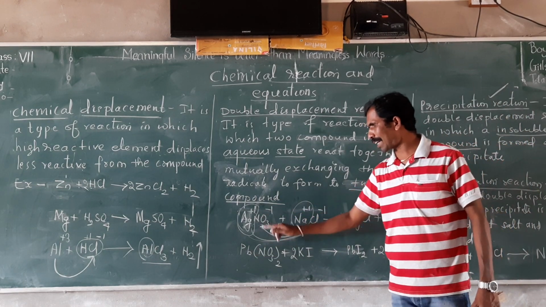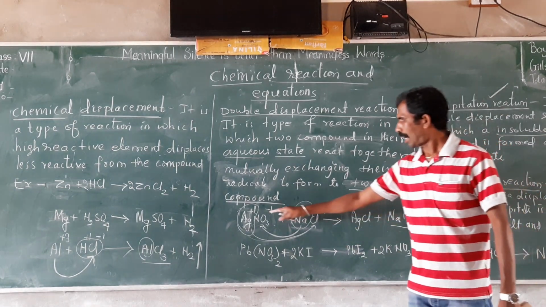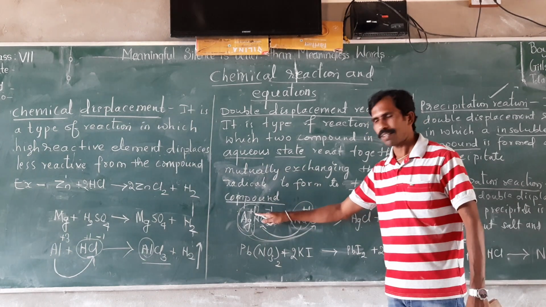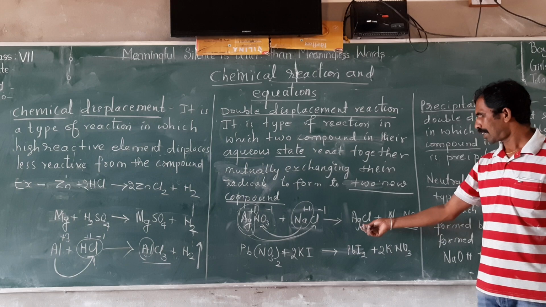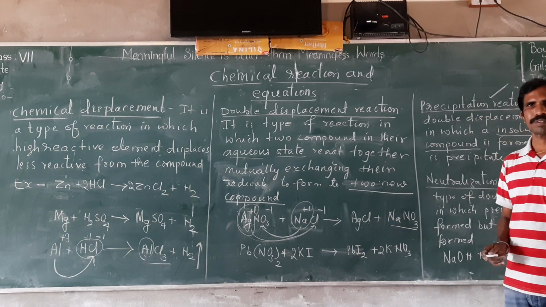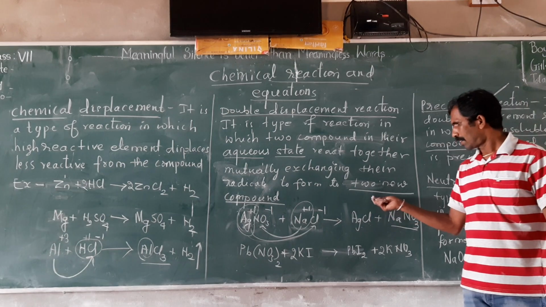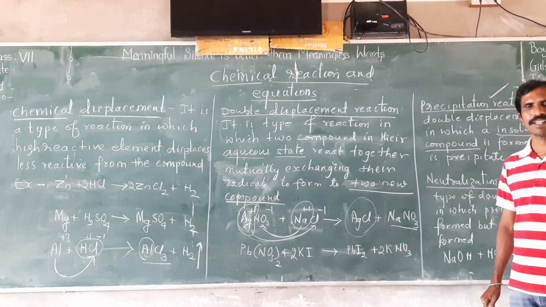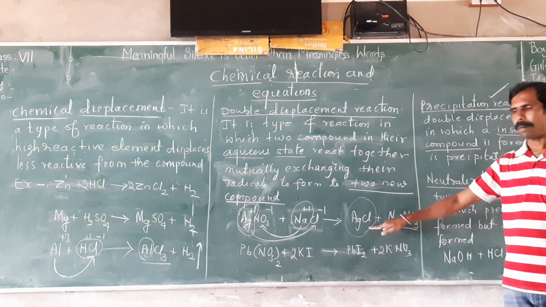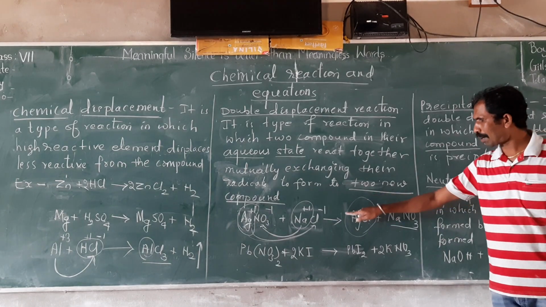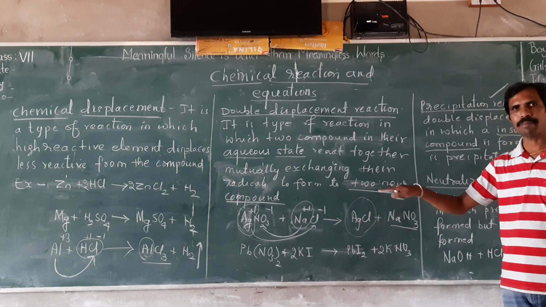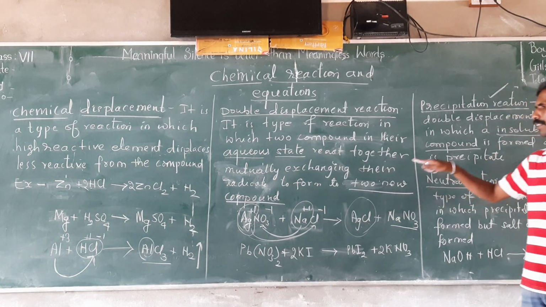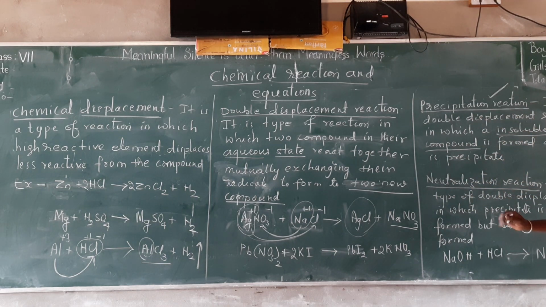When they mutually exchange their radicals, AgCl and NaNO3 are formed. AgCl is a precipitate, an insoluble compound. When an insoluble compound or PPT is formed, it is called a precipitation reaction.